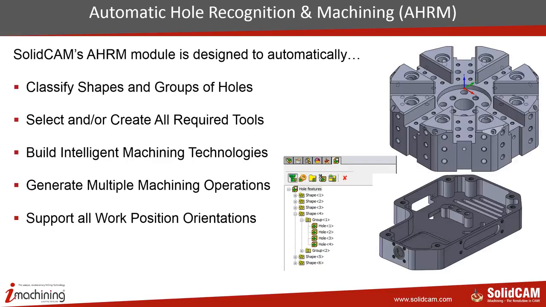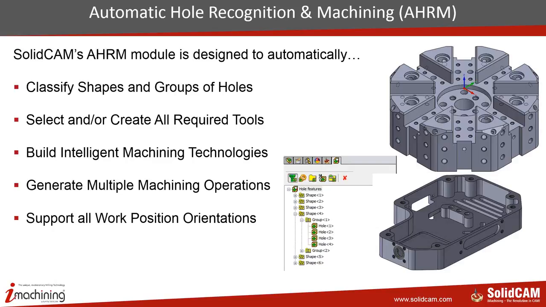It also selects and/or creates the tools that are needed for each one of those operations. When does it select? If the tool already exists in your tool table, it will not create a new tool. It will use the one that's there.